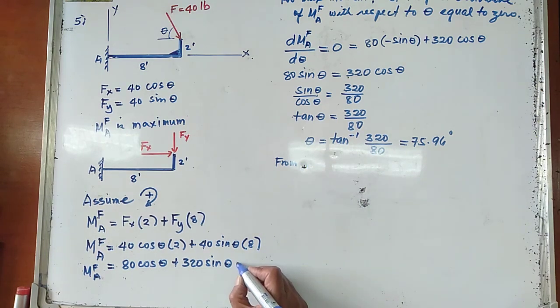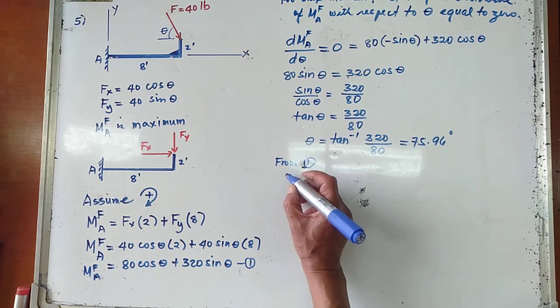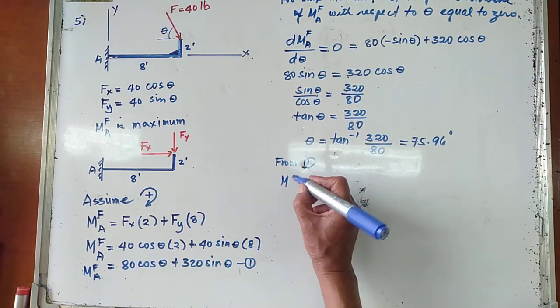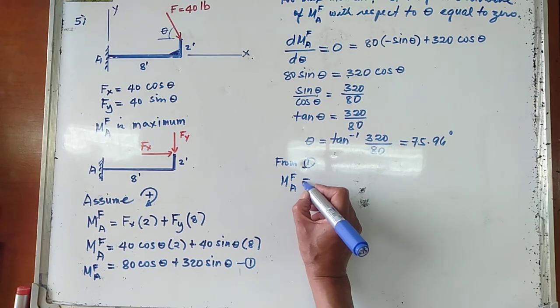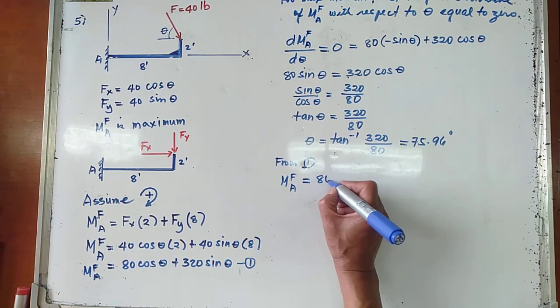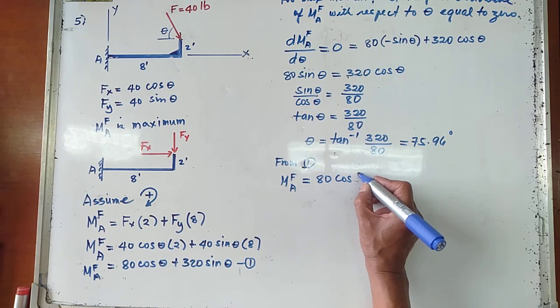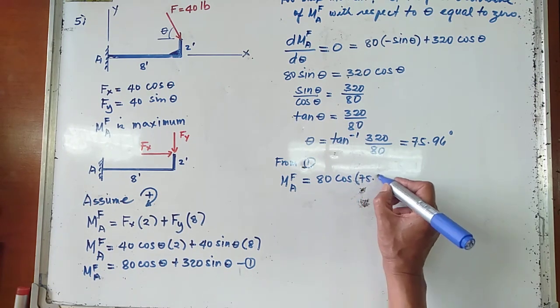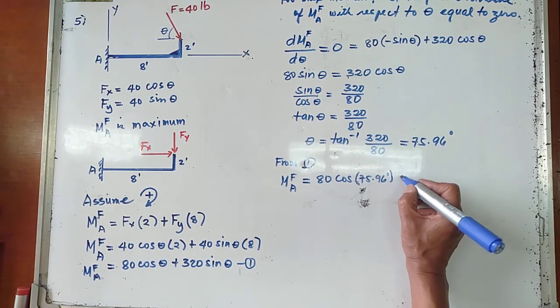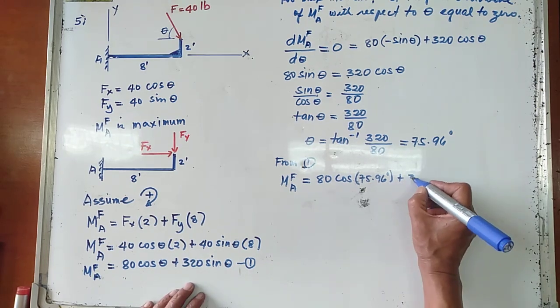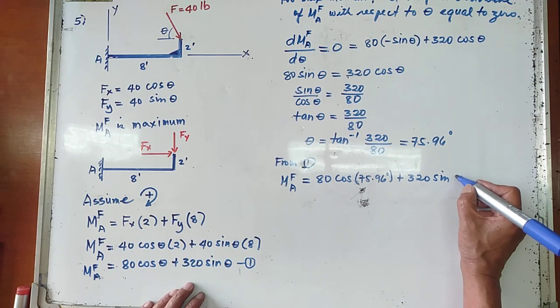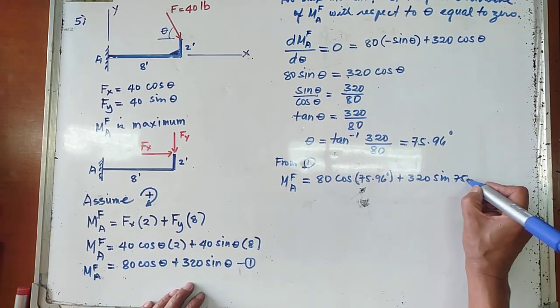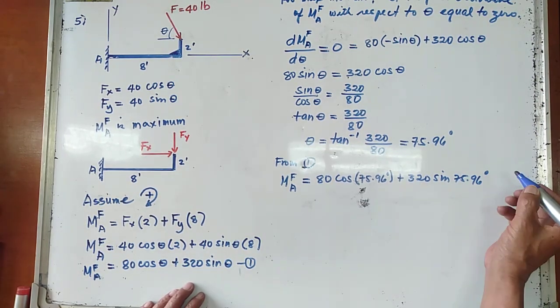Now, I will consider this one to be equation 1. So from equation 1, the maximum moment of the force F about point A is now equal to 80 cosine of 75.96 degrees plus 320 sine of 75.96 degrees.